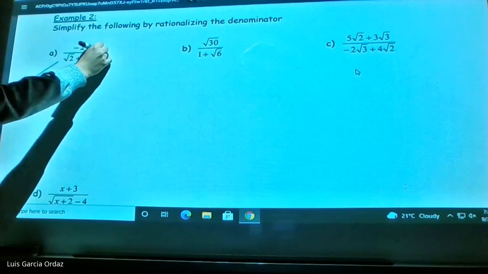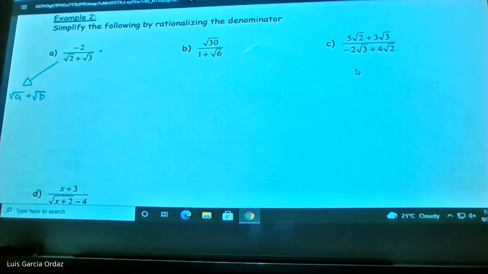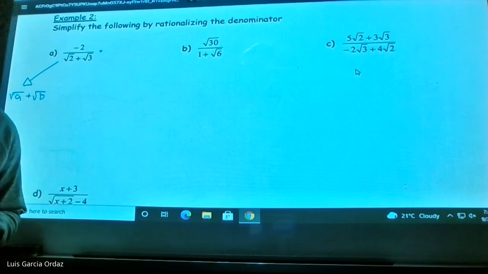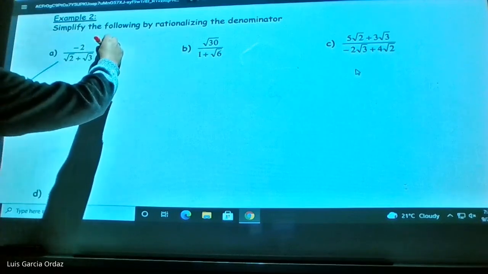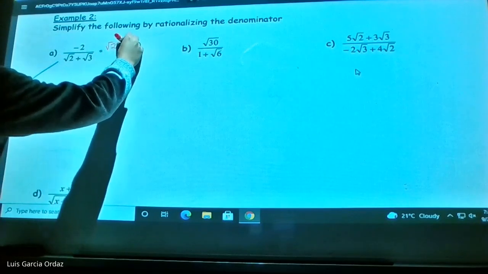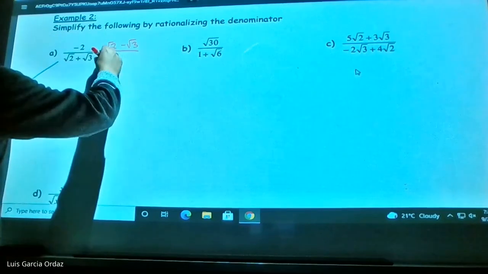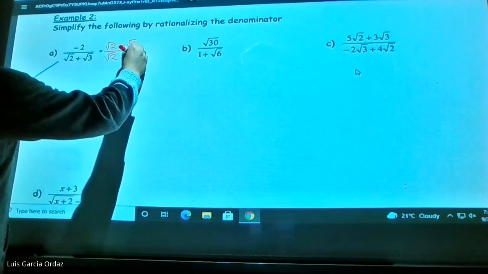So what would my conjugate be? We did it on the last question. What would my conjugate for root 2 plus root 3 be? Root a minus root b. So our conjugate is root 2 minus root 3.